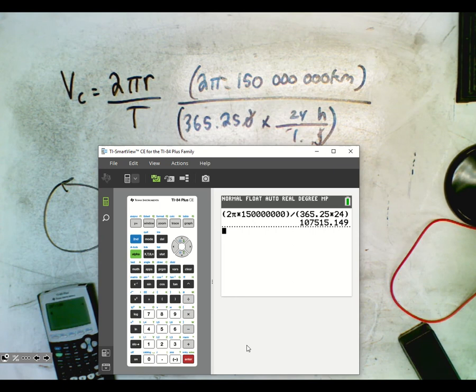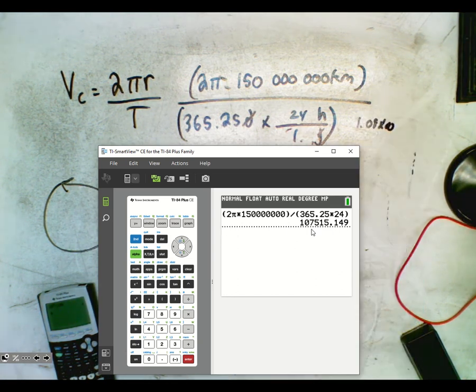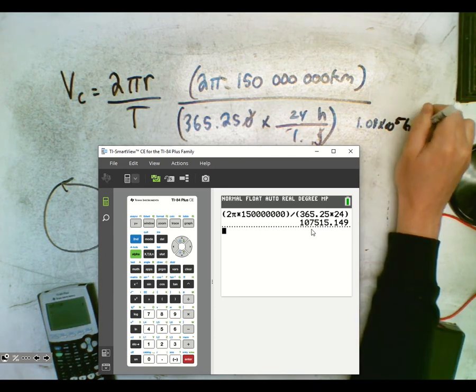And my answer would be 107, or we have 3 sig digs, so 1.08 times 10 to the 5 kilometers per hour.